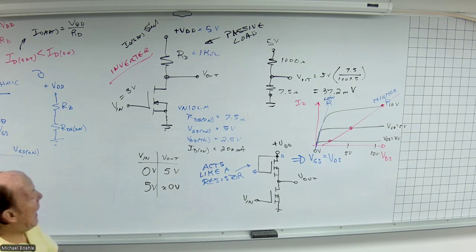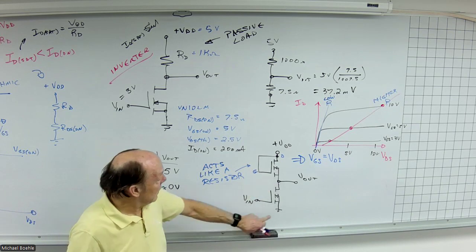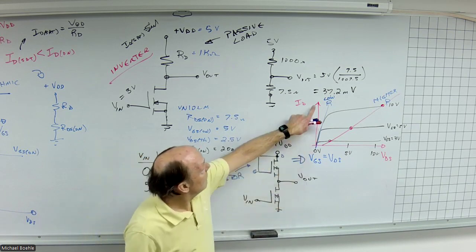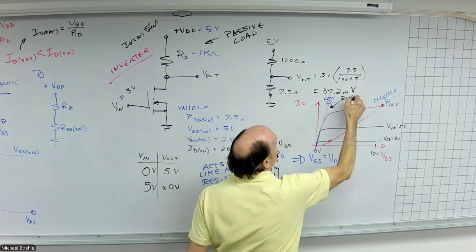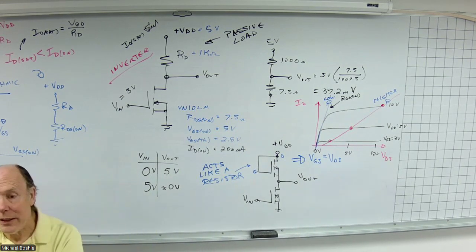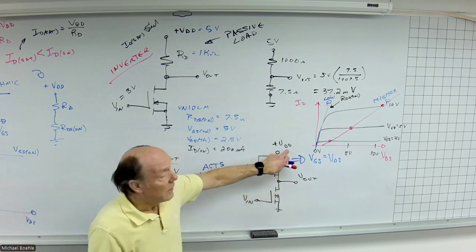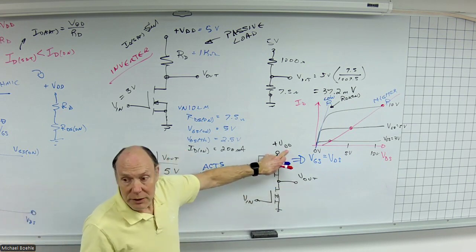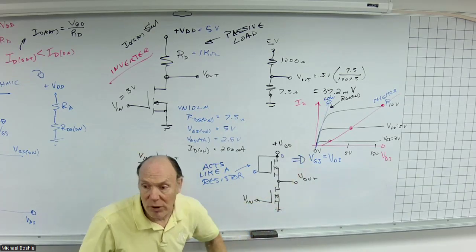And as long as this resistance is a lot larger than my RDS on, that's what this is essentially here, RDS on, then I will still get this dividing effect where when the transistor is off, I get the voltage here. And when this transistor is on, I'll get a lower voltage.